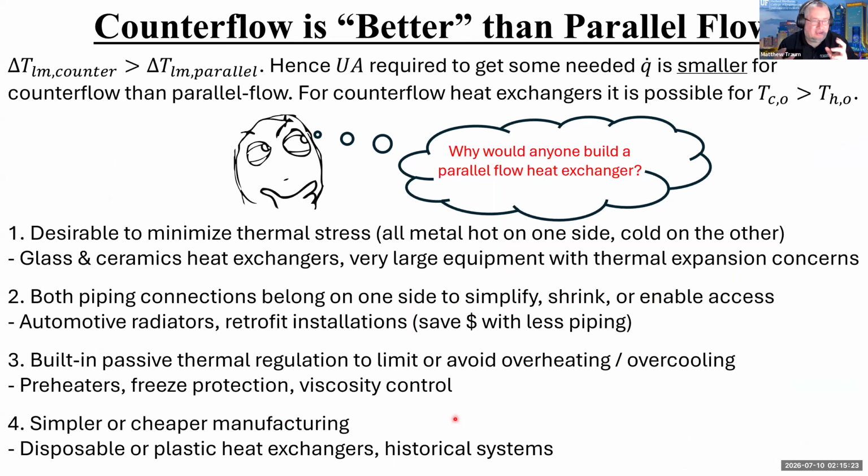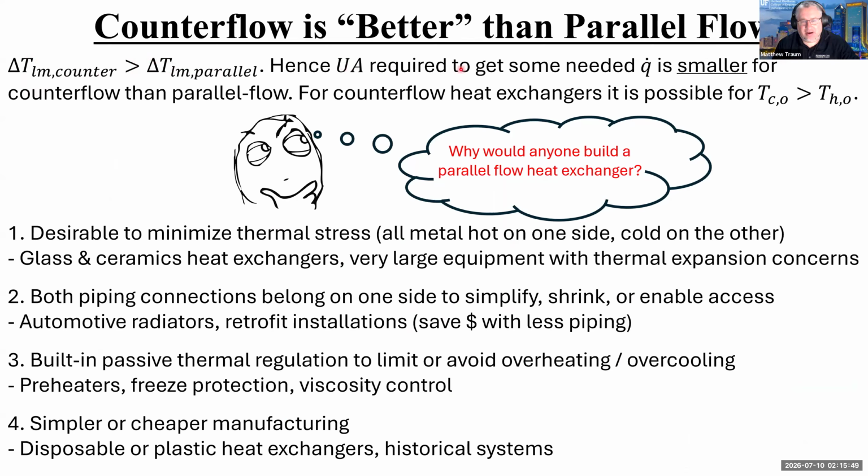So this begs the question, if counterflow heat exchangers are fundamentally better than parallel flow heat exchangers, why in the heck would anybody ever build a parallel flow heat exchanger if counterflow is always better? And when I say better, what I mean is that the delta T log mean for counterflow is greater than the delta T log mean for parallel flow.